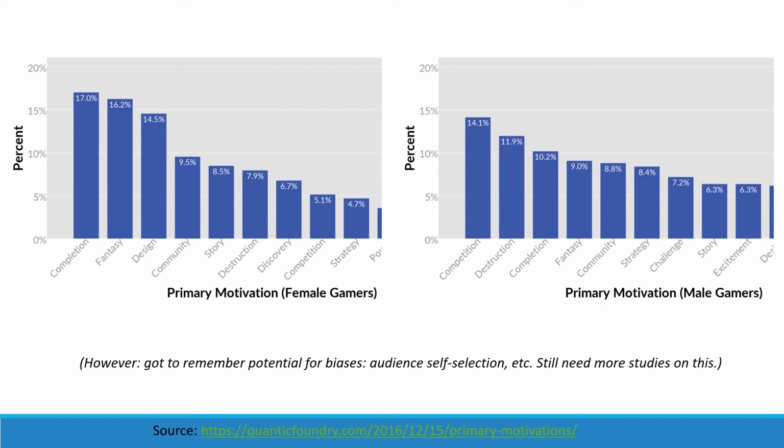But it is very interesting to see correlations between motivations and age, correlations between motivations and gender, and both. And I think this is a very good beginning of empirical and evidence-based studies of how player expectations and player motivations interact with game design.